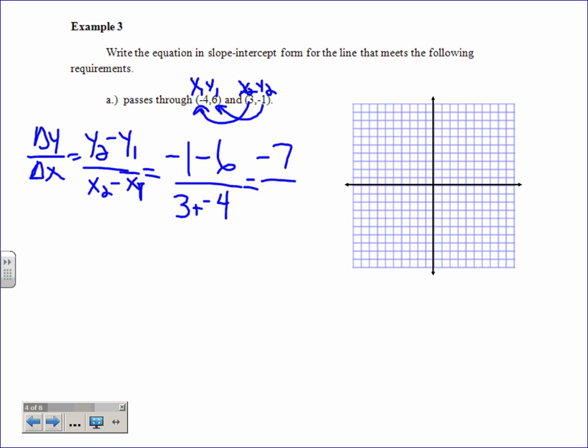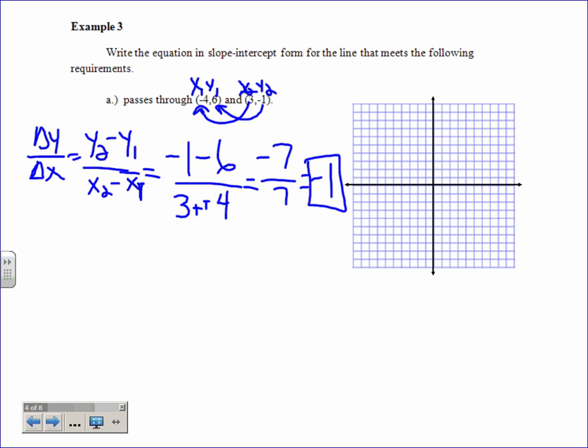My bottom is 7. So what is the slope of the line for 3a? Negative 1. Now, isn't slope supposed to be a fraction now? Yeah, you could write it over 1 if you felt like, but is it okay in this case just to leave it as negative 1? Yeah, there's nothing wrong with it. So now we have the slope, check.